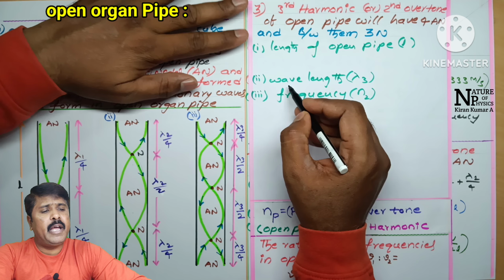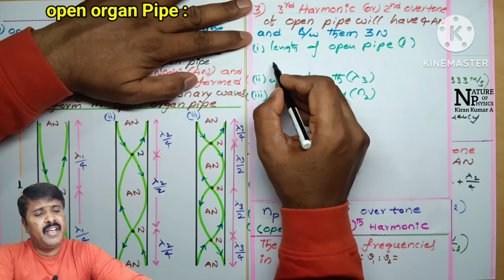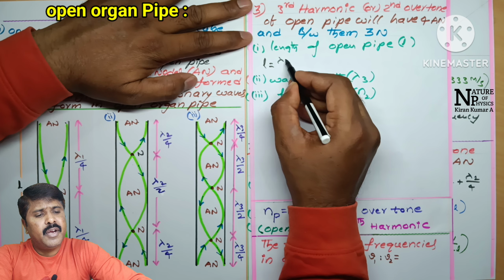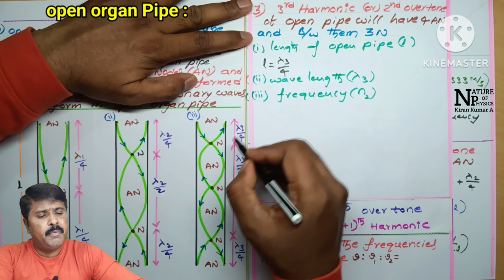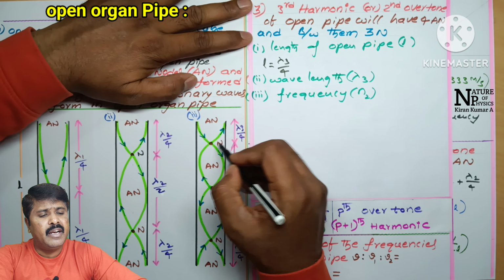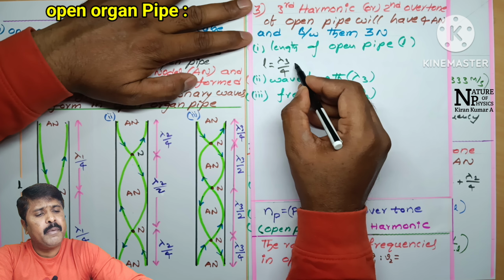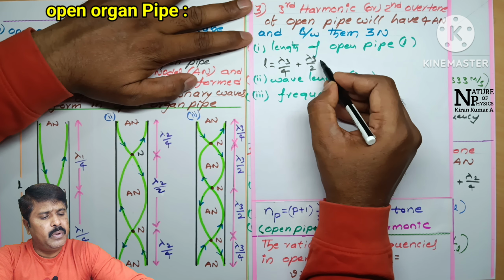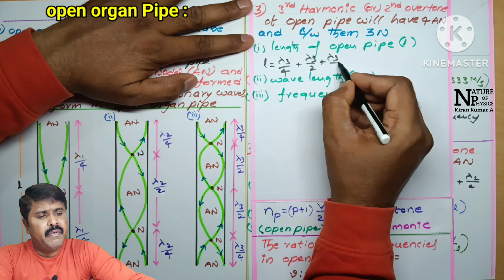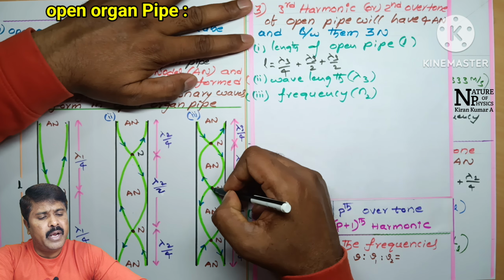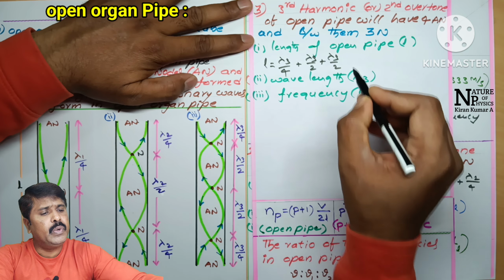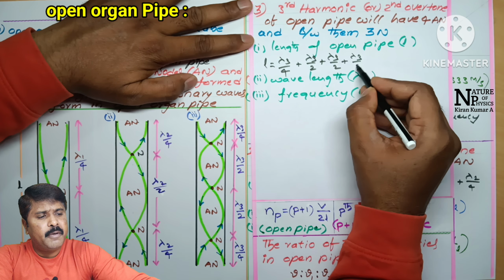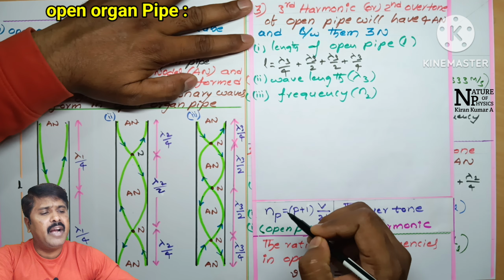So the length of the pipe with respect to wavelength is written as L equal to lambda 3 divided by 4, the distance between node and antinode, plus lambda 3 divided by 2, the distance between node and node, plus lambda 3 divided by 2, plus lambda 3 divided by 4 between node and antinode.